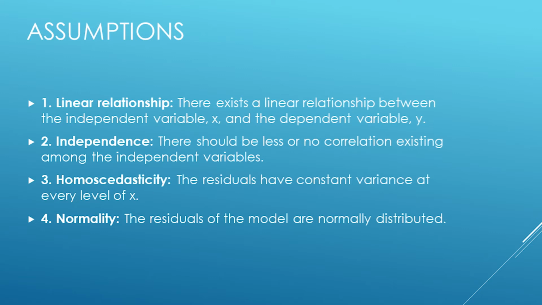The second one is independence. There should be no or little correlation, little linear relationship, between the predictors. For your better understanding, let me take my previous example of pricing an insurance policy. We decided to price that insurance policy using the age and the health condition of the policyholder.